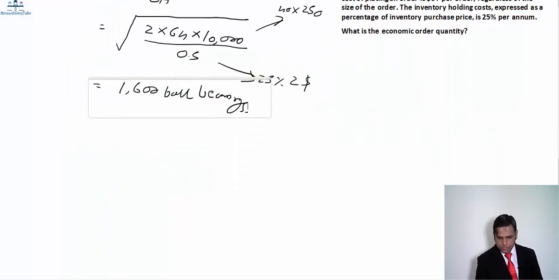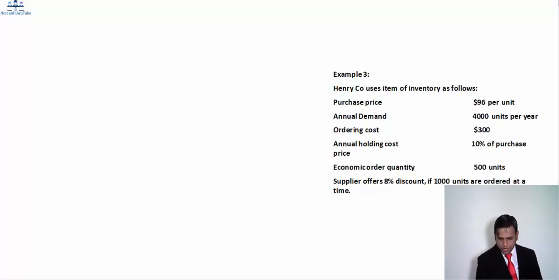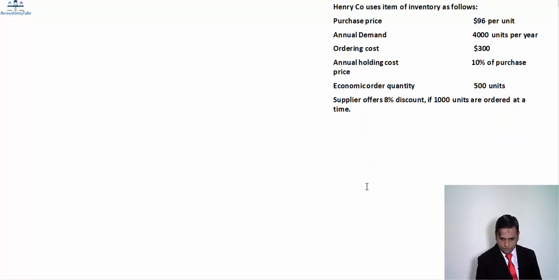I have included an example about discounts as well. Before going into this area, let's read what the question is telling us. Handicodes uses items of inventory as follows.